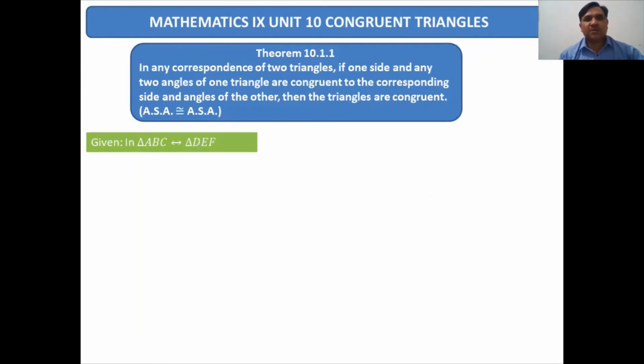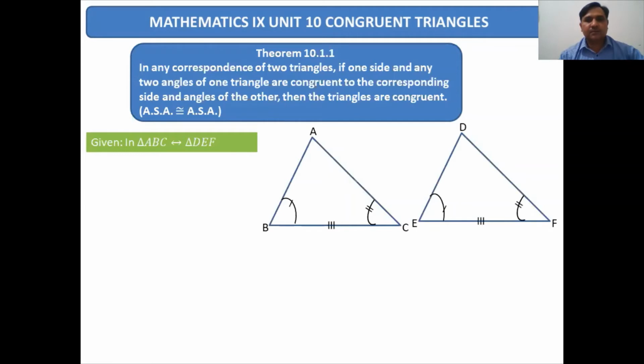In correspondence between two triangles, triangle ABC and triangle DEF, it is given that angle B is congruent with angle E, angle C is congruent with angle F, and the side BC is congruent with side EF. What we have to prove? We have to prove that these two triangles are congruent.